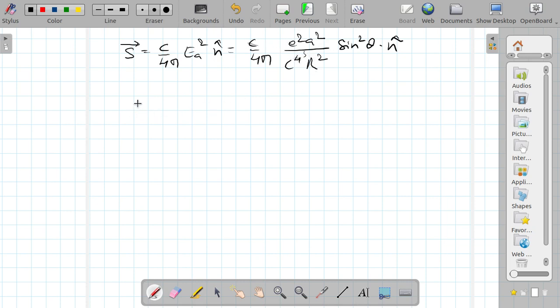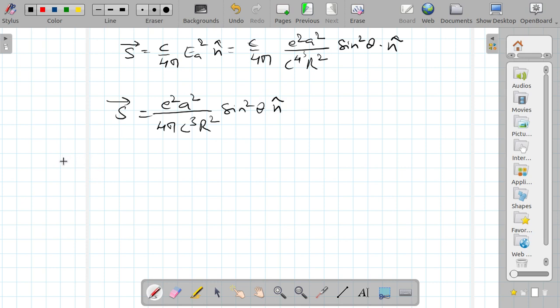So in this manner, this Poynting vector will become E square A square over 4 pi C cube R square sine square theta n cap.